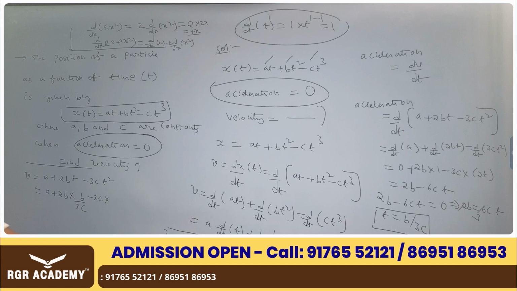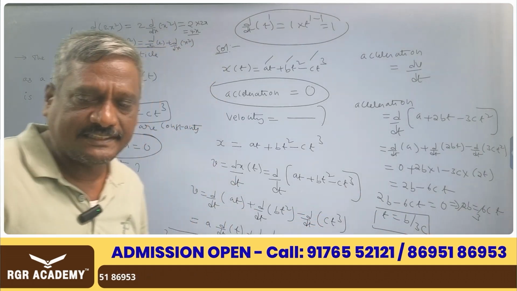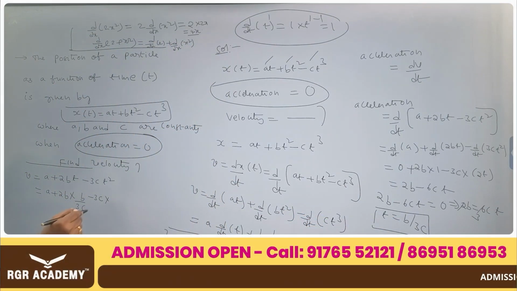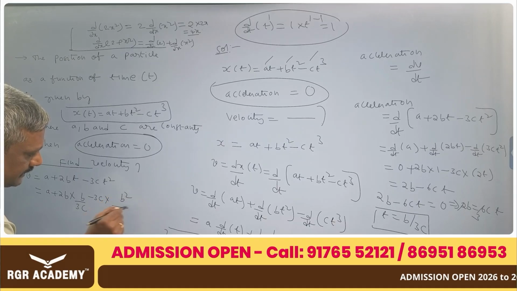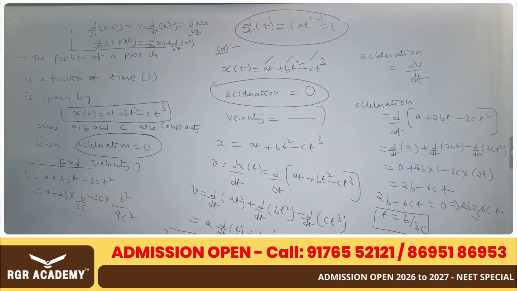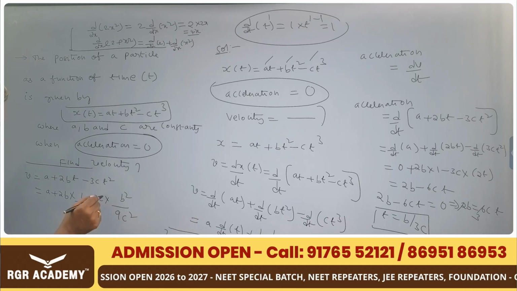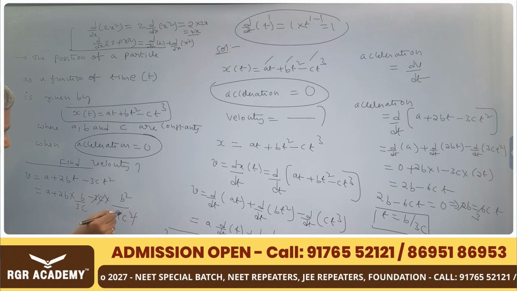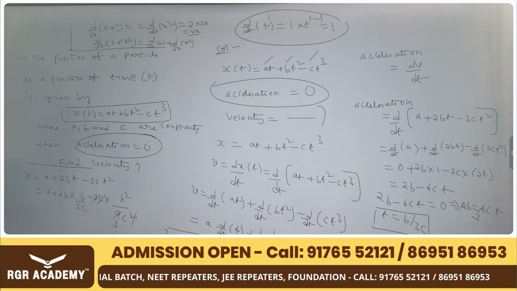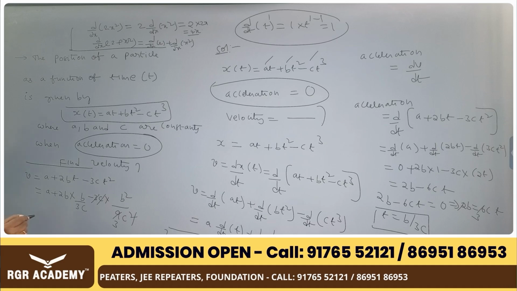T square means what? T is equal to b by 3c, so t square is b square by 9c square. Here which terms get cancelled? 1c gets cancelled and 3 in 9, 3 times gets cancelled. What happened to this value?